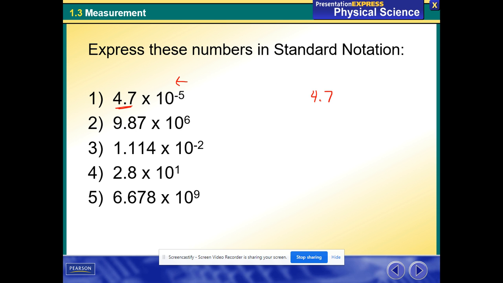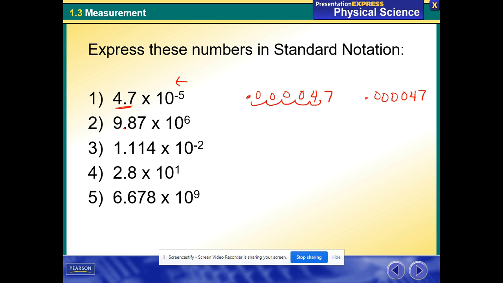So you'll move the decimal 1, 2, 3, 4, 5. Notice that there's a bunch of blanks here. You fill those in with zeros. So your new number is 0.000047. And you are correct.